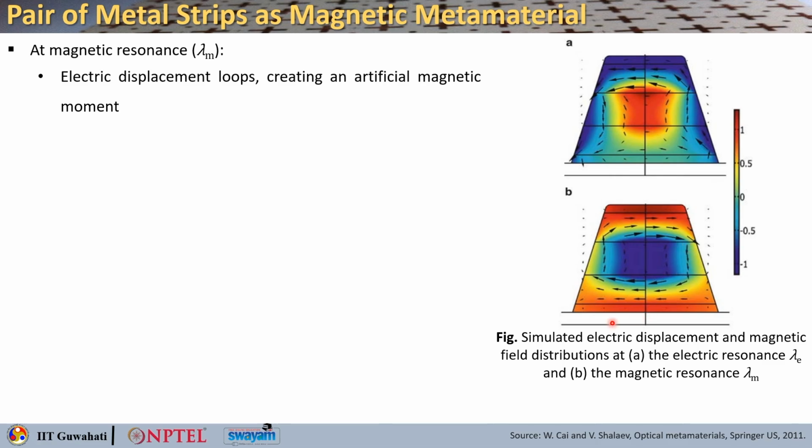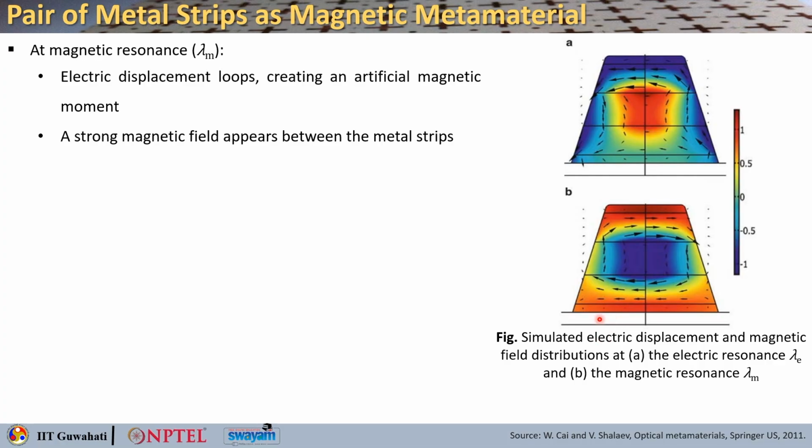That is a loop of the electric displacement current, and that results in an artificial magnetic moment. So, you will also see a strong magnetic field inside the loop between the two metallic strips.